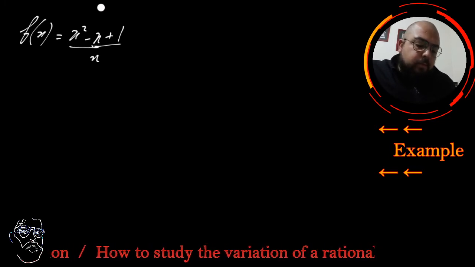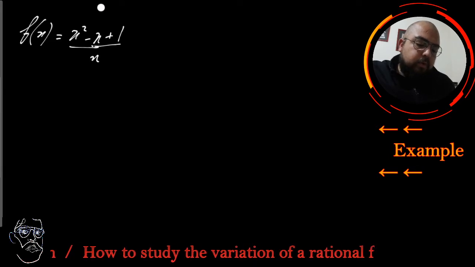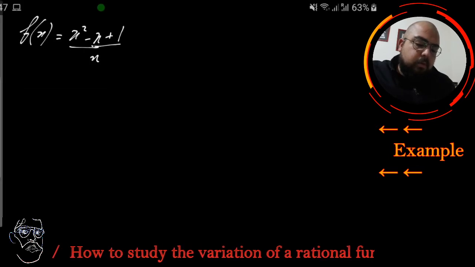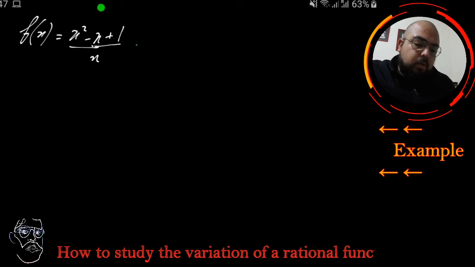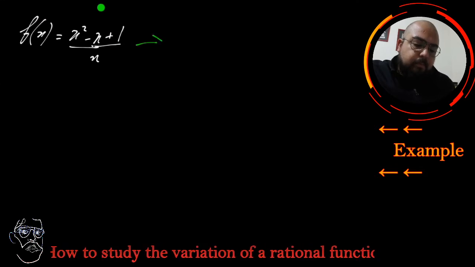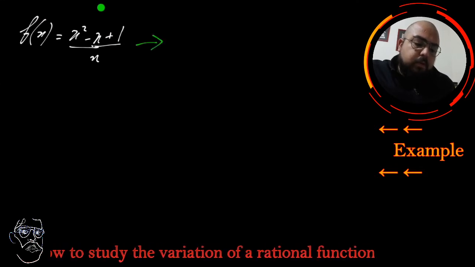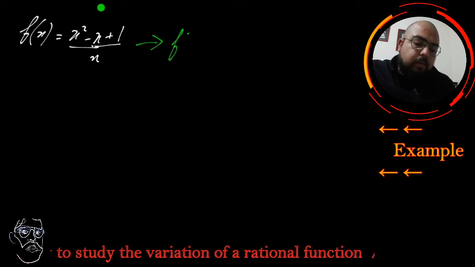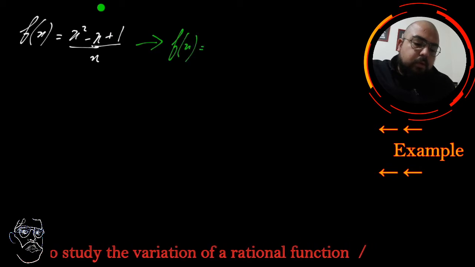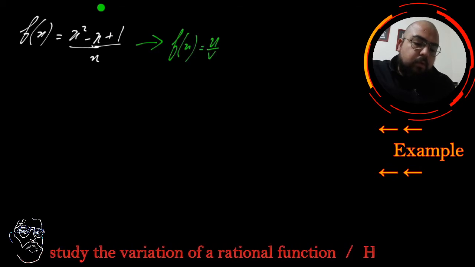This is in the form of u over v. It says directly f of x, which is u over v.